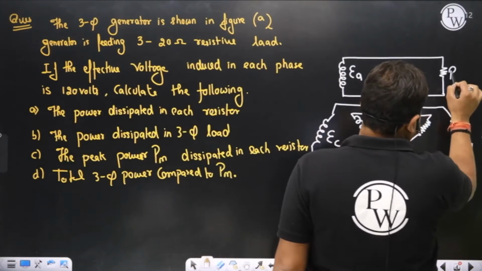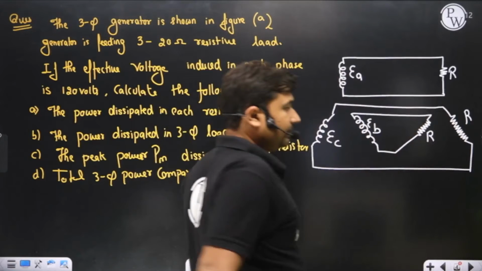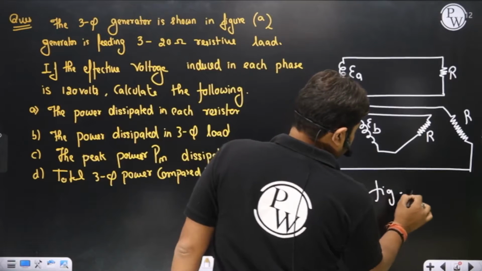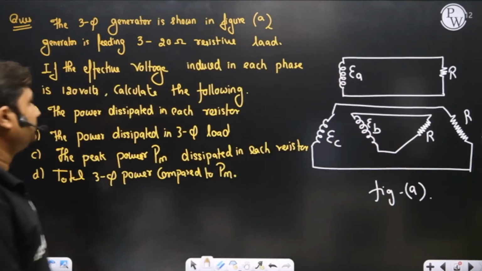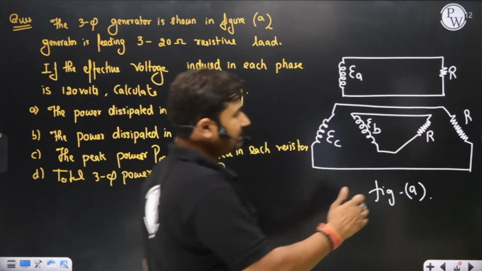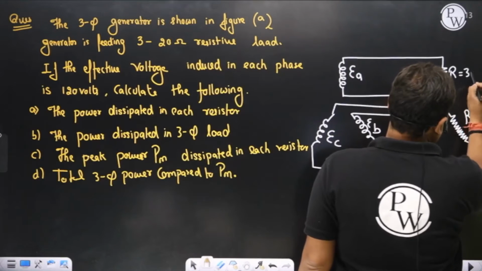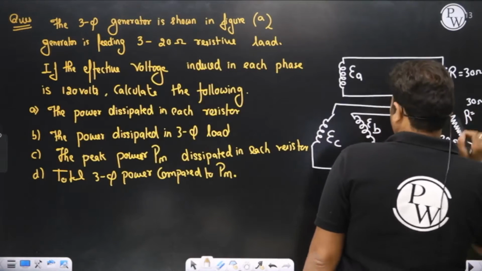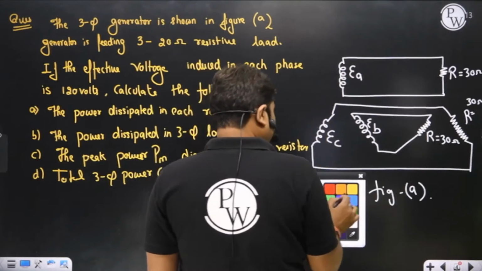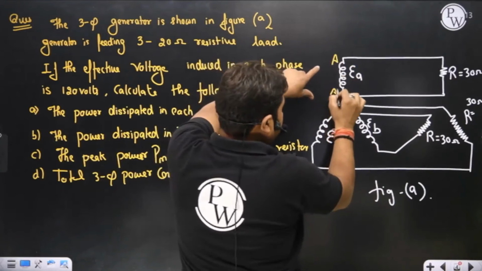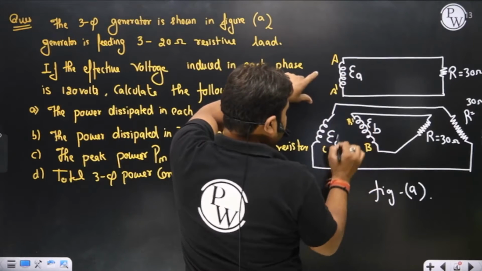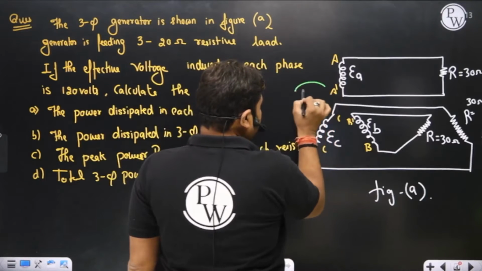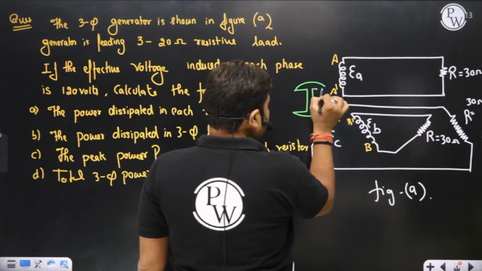We have a resistance R, and R. Now, this is your figure A. We have three identical phases, AA dash, BB dash, and CC dash, and we have a DC field on the rotor, and this DC field on the rotor is rotated.